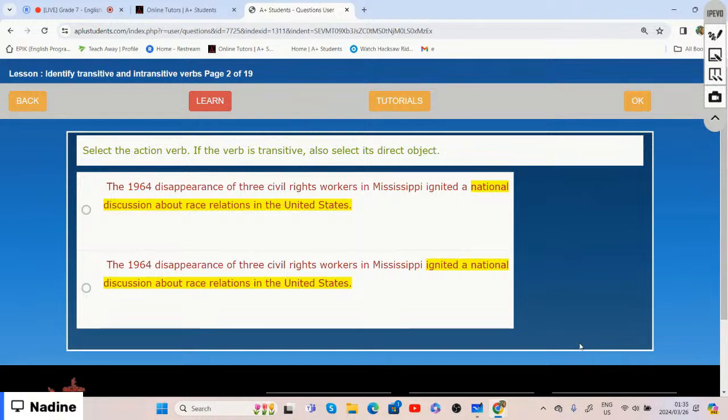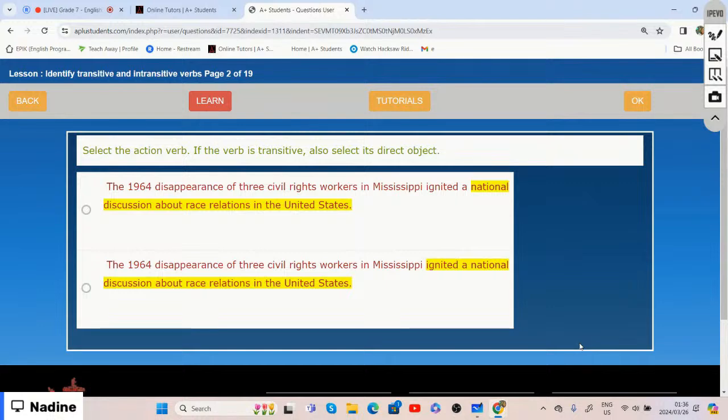The 1964 disappearance of 3 civil rights workers in Mississippi ignited a national discussion about race relations in the United States. So is it national discussion about the race relations in the United States, or is it ignited a national discussion about the race relations in the United States?